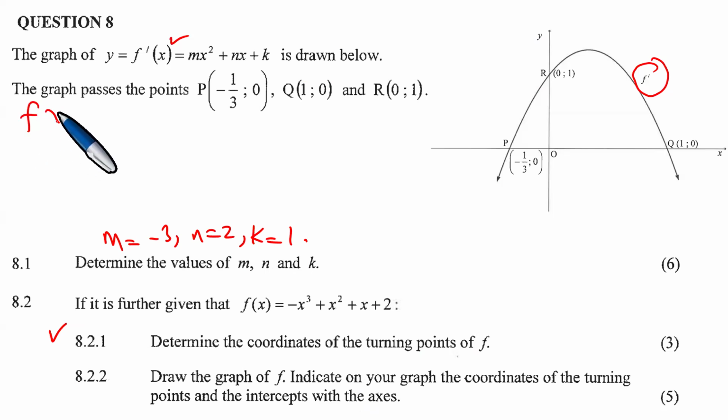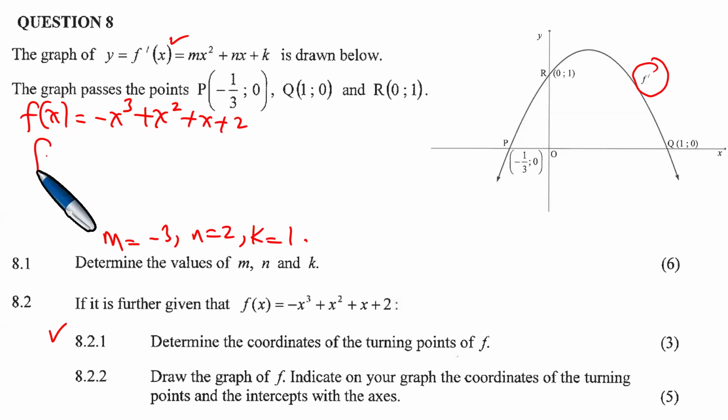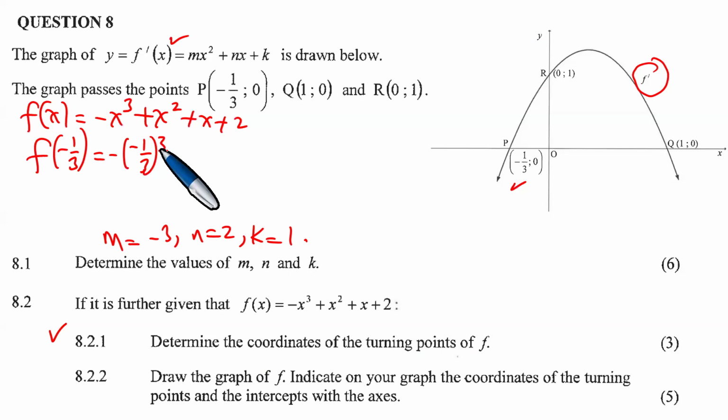Right, we know that f of x is -x cubed plus x squared plus x plus 2. F of -1/3, which is -(-1/3) cubed plus (-1/3) squared plus (-1/3) plus 2.